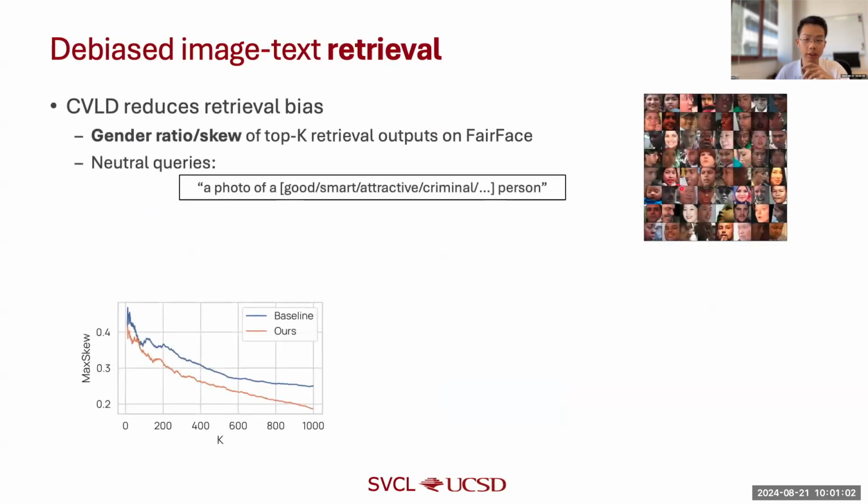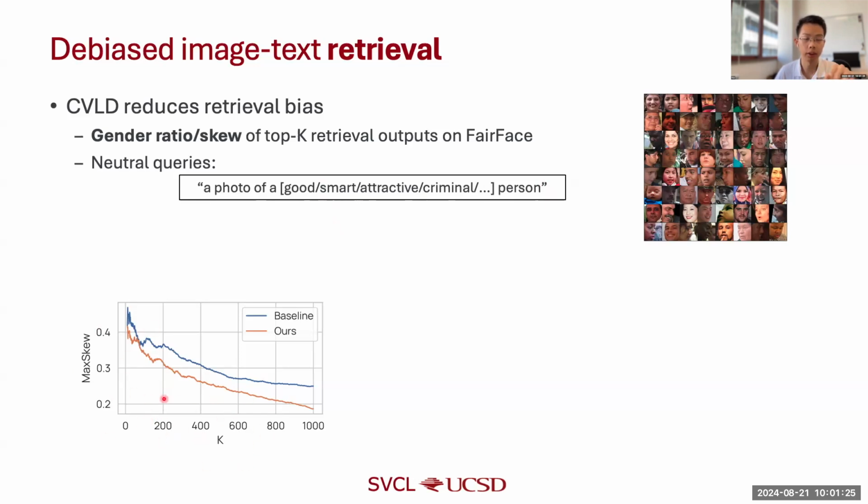To evaluate the fairness of retrieval, we use the FairFace dataset, which contains faces with balanced demographics. Following prior work, we used a set of neutral queries, such as a photo of a good, smart, attractive, criminal person, and evaluate the uniformity or skew of gender in the top K retrieved images.